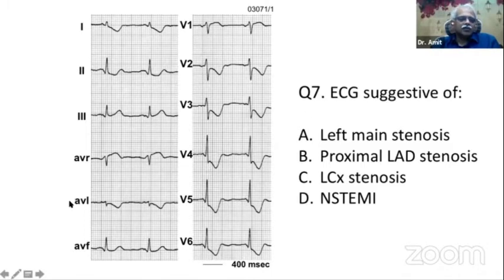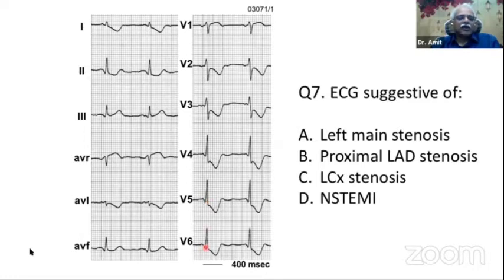This is what is most important in this ECG, that has been already highlighted by Dr. Gupta. In this 12-lead ECG, most of the leads are showing ST depression. Lead 1 shows ST depression, 2 is showing ST depression, 3 is more or less neutral, but aVL is showing ST depression, and V2, V3, V4, V5, V6.